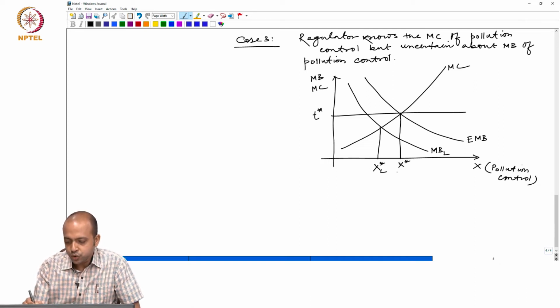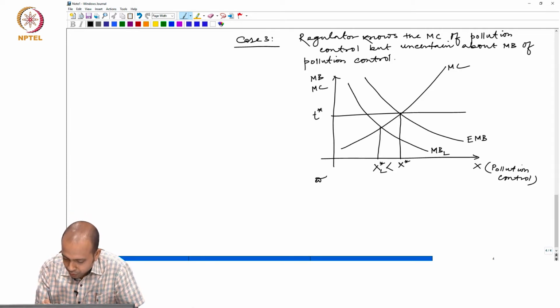So, what the society wants is actually lower than what the private player is supplying. Okay. So, when MBL is actually lower than EMB, then too much of pollution control.